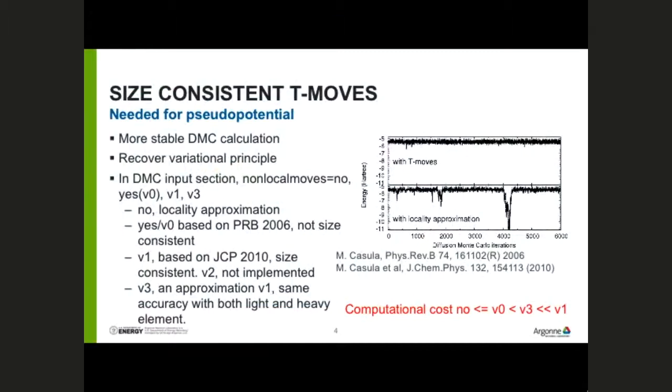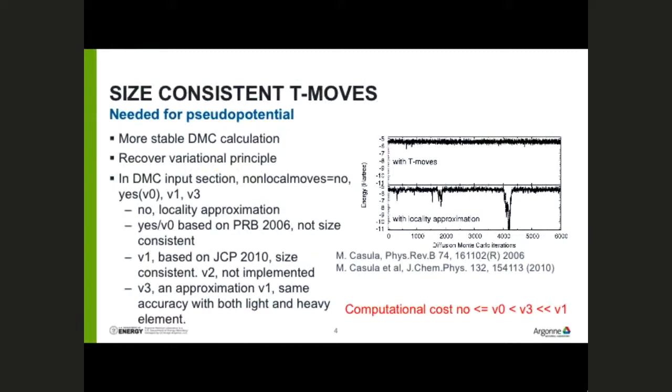So in QMCPACK, in the past, we had no and yes. Now we have two new options, V1 and V3. The yes, V0, is the 2006 paper from Michele Casula. This scheme is not size consistent, but gives you the stability. V1 is the scheme provided in the 2010 paper, which is size consistent, but very slow.